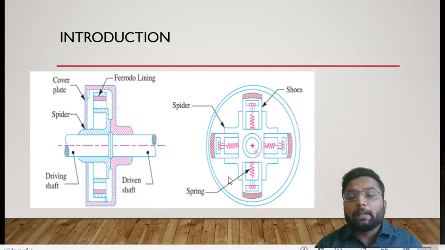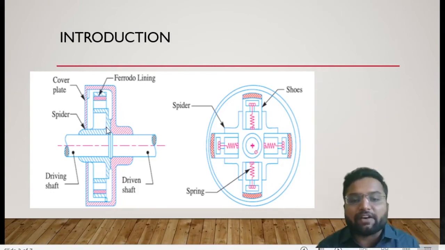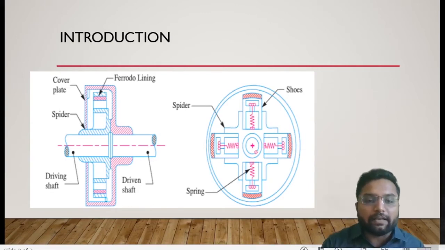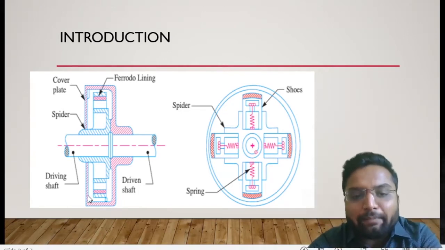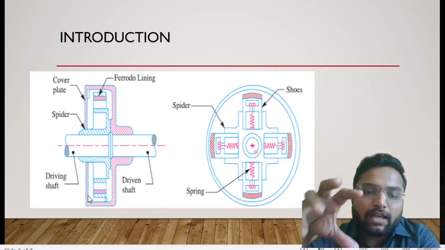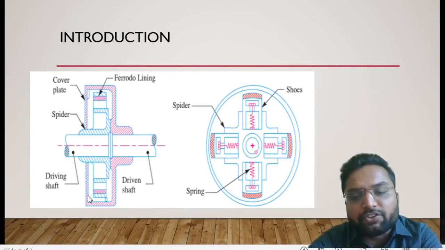If the torque is not enough, it will go back to its original position towards the center, and it will lose that connection between driver and driven shaft. That is how this works. Ultimately, the centrifugal clutch creates that centrifugal force which tries to connect our inner or driving line with the driven shaft.